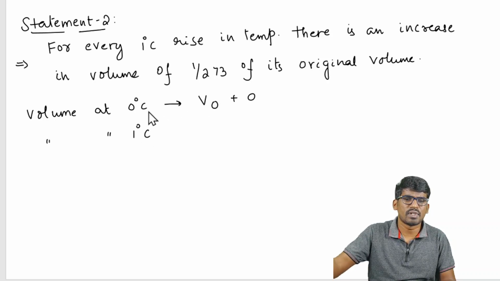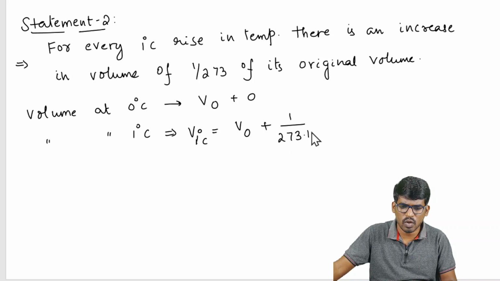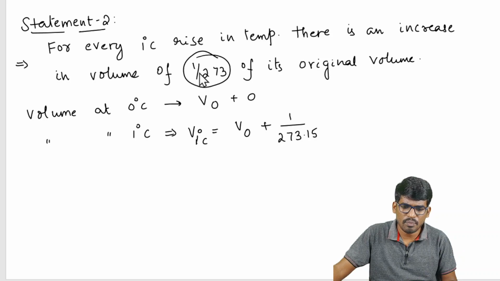This time you can take it as Vt. So V1, that is the volume at 1 degree Celsius, will be the initial volume V naught plus an increase in volume of 1 by 273.15, the exact value of course. If it is 1 by 273, it is the approximate value.